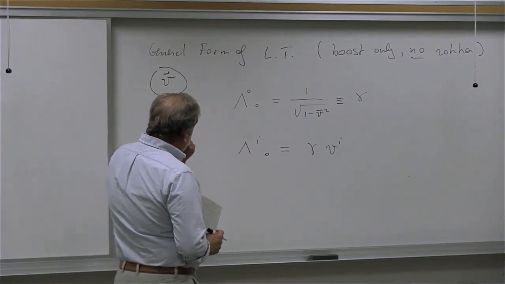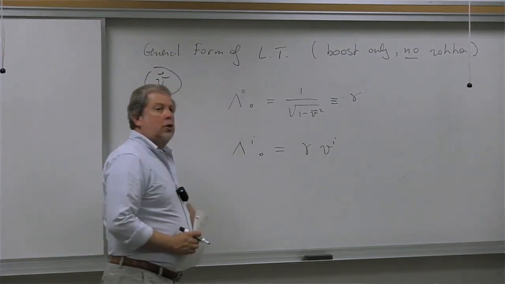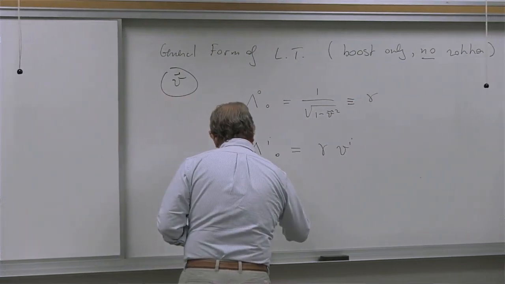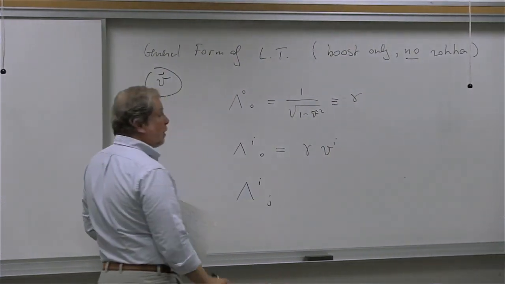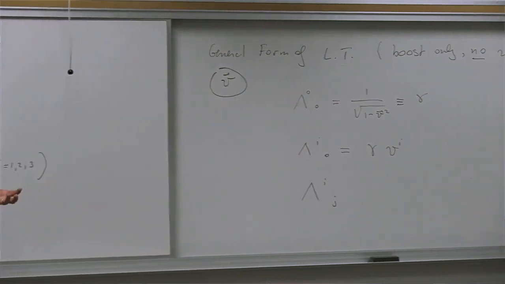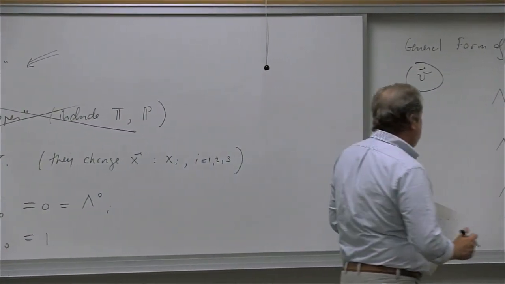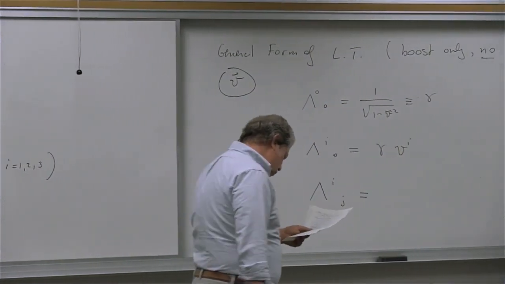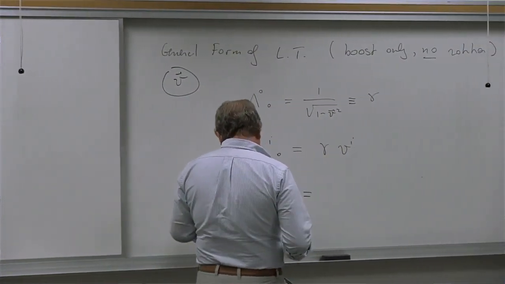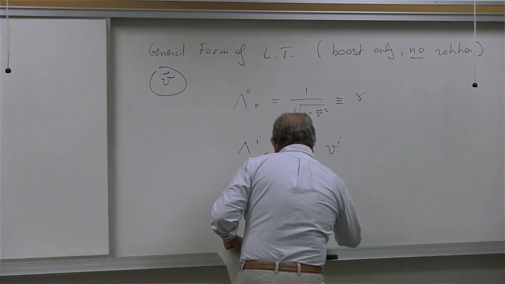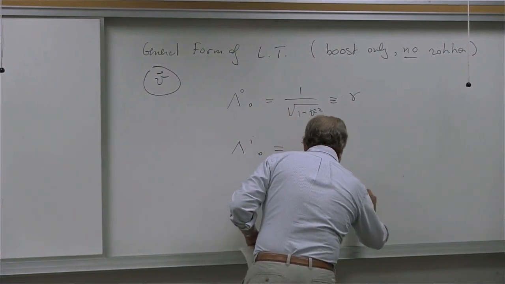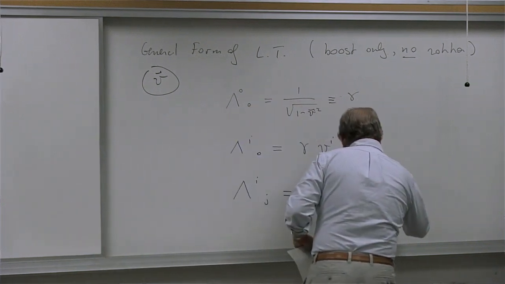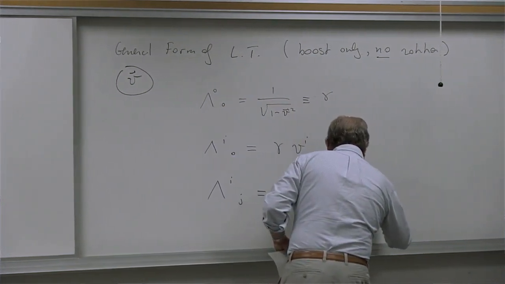And so that, of course, reduces to what we had before, but we're still left with a number of other entries. In particular, we need to know what the lambda^i_j is, and those can be obtained by the fact that the lambda is an orthogonal matrix, right? And so the orthogonality constraint tells us that lambda^i_j is equal to delta^i_j plus v^i v^j times gamma minus 1 over v squared. Right?